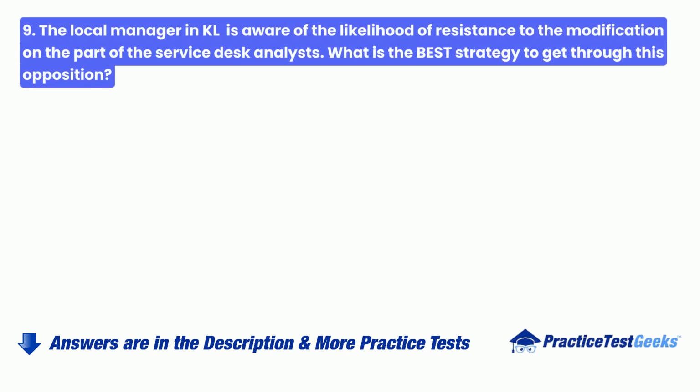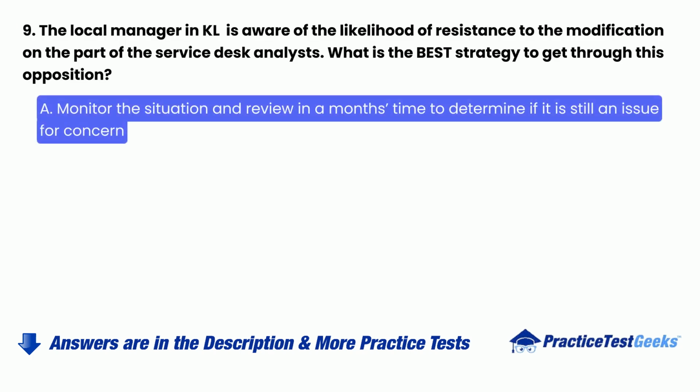Nine. The local manager in KL is aware of the likelihood of resistance to the modification on the part of the service desk analysts. What is the best strategy to get through this opposition? A. Monitor the situation and review in a month's time to determine if it is still an issue for concern.